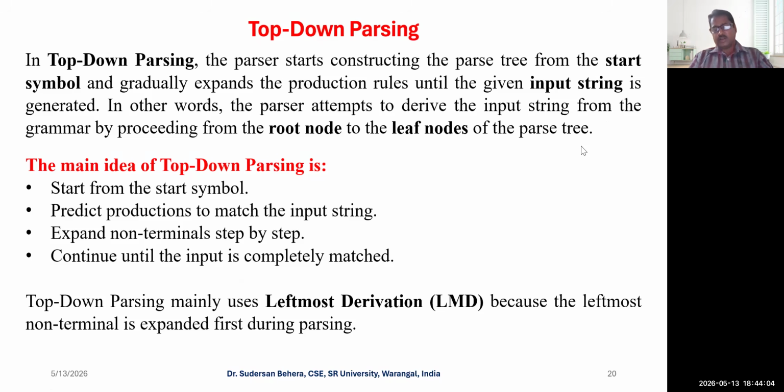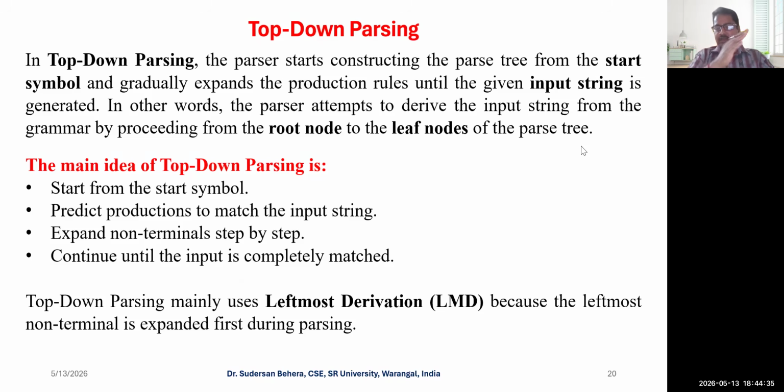Let us know what is a top-down parser, what are the types of top-down parser, and what are the advantages and disadvantages. Then how those disadvantages have been addressed, and the new parser called the bottom-up parser has been seen. All these things we will be knowing gradually. So now come to top-down parsing. In top-down parsing, the parser starts constructing the parse tree from the start symbol and gradually expands the production rules until the given input string is generated.